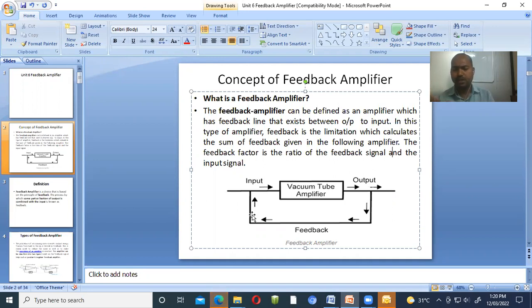Why is negative feedback usually used in an amplifier? One of the reasons is this. We have discussed two things, the use of positive feedback and the use of negative feedback. When we use positive feedback in an amplifier, what is the effect?